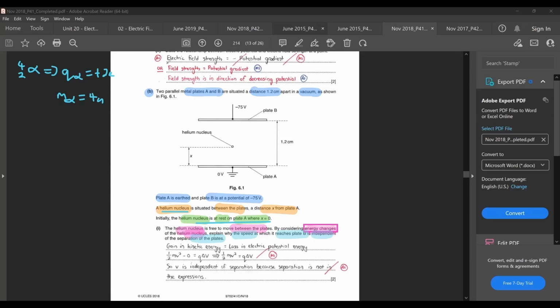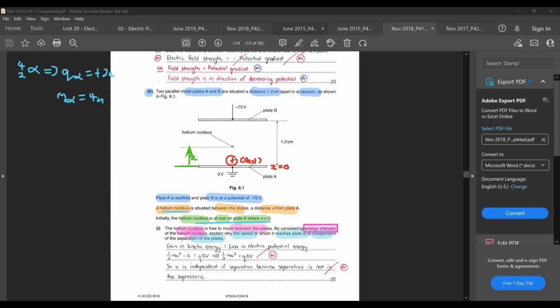Essentially, you have a positive charge, so you place a positive charge here. It is at rest on the surface of plate A, and your x is 0 here. Your x is measured from plate A itself.